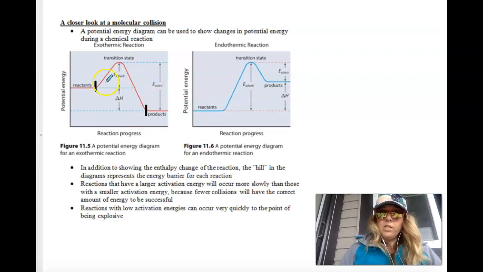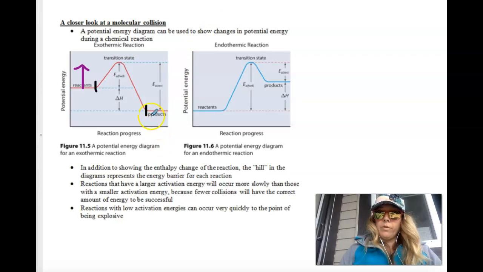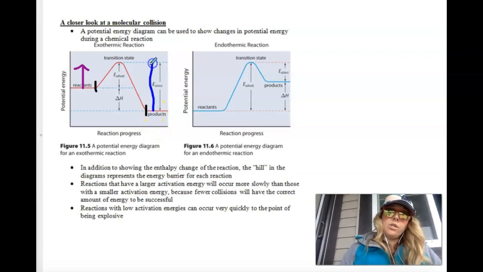But if we're talking activation energy, it's very different. The activation energy of the forward reaction is from the reactants to the top of the hill. But the activation energy of the reverse reaction is from the products to the top of the hill. These are not the same size.